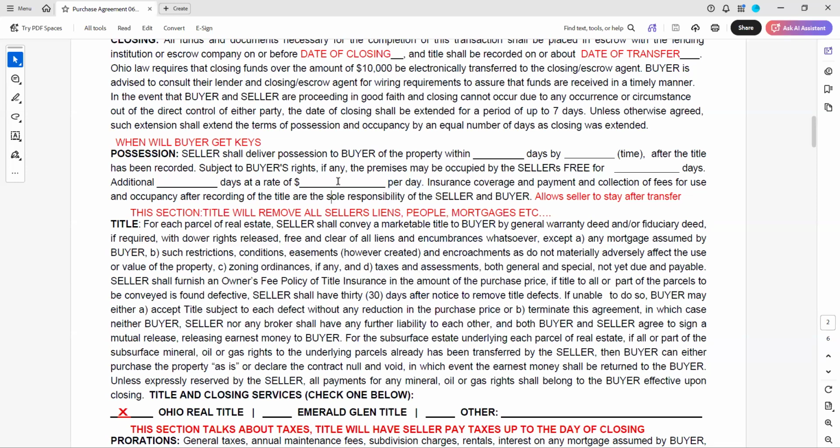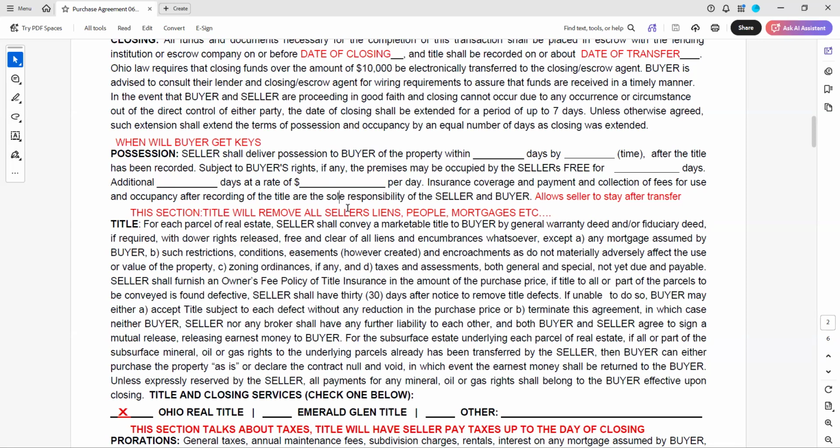Your per day rate is going to be something that is like a normal per day rate. And how you would figure that out is you would divide your loan payment by 30. That would give you a per day rate, or basic market rent for a particular house like that, and divide that by 30. That's also going to give you a per day rate.